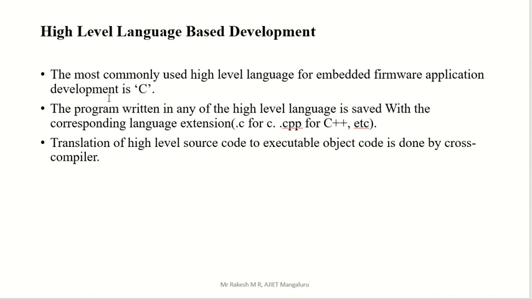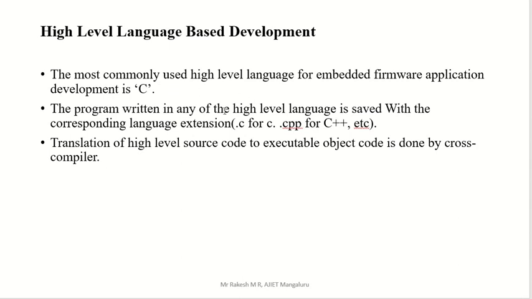Now we will move to the second one, that is high level language based development. Compared to low level language, here we don't have much difference. The most commonly used high level language for embedded firmware application development is C language. C is not low level, it is a high level language. There are a lot of examples of high level languages: C, C++, Java.